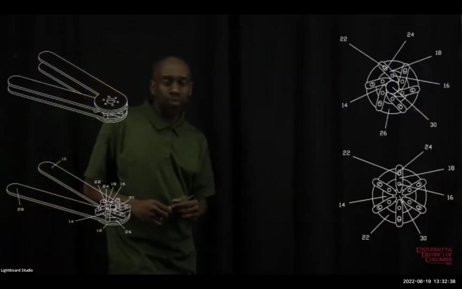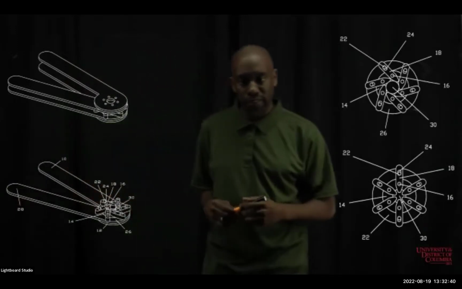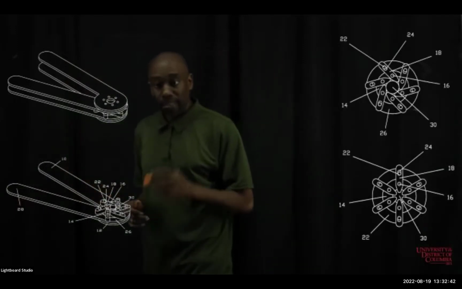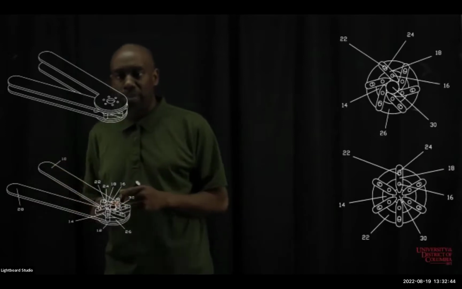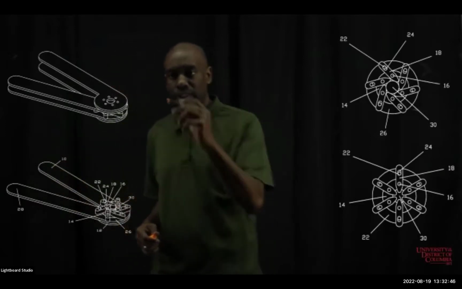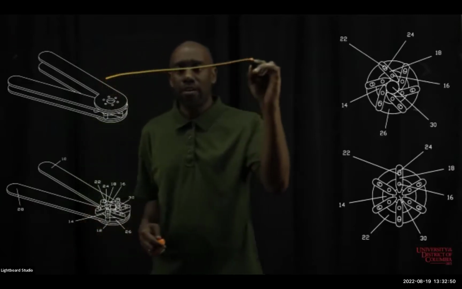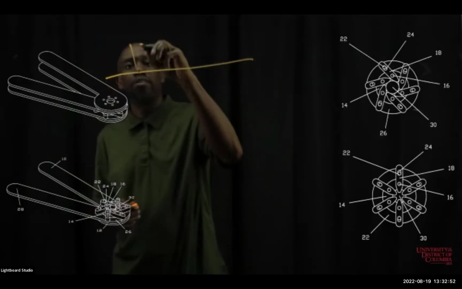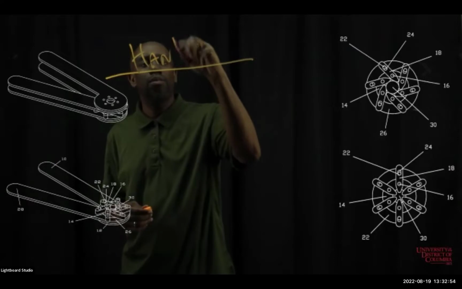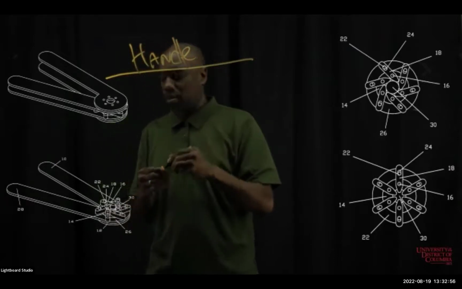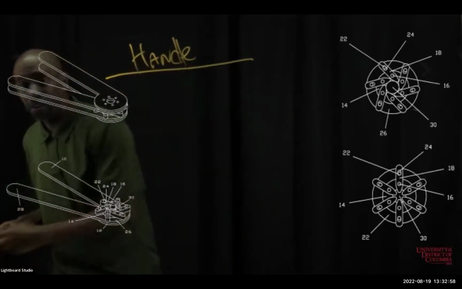There's another use case. What if I have a drawing of some sort? And I want to talk about the various parts of this drawing. Again, I can take my marker here. I can draw a little line here. I can say this is the handle. But we're not just limited to this one color.